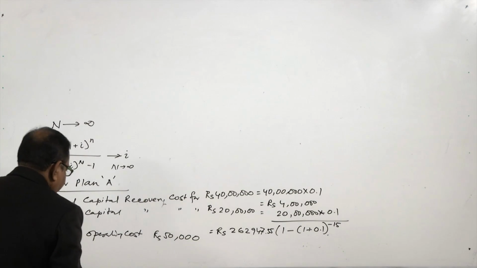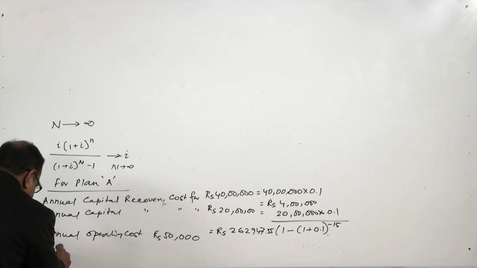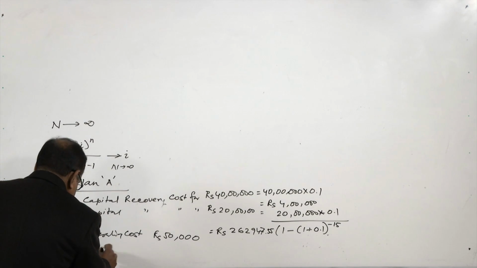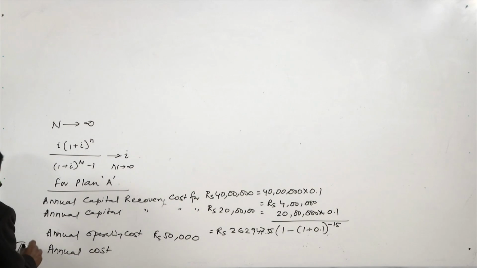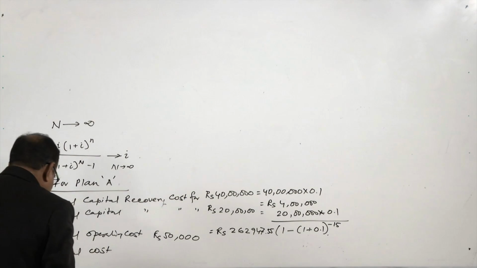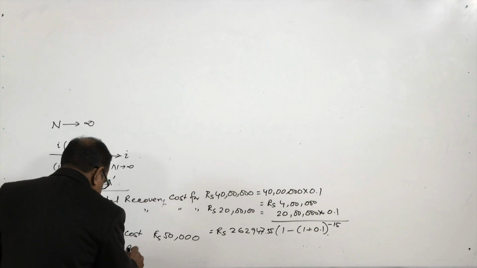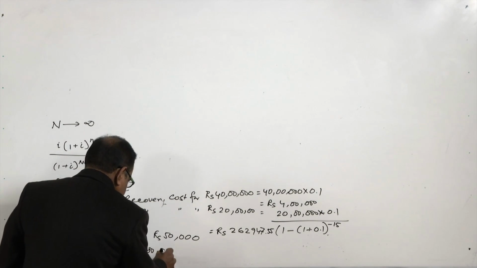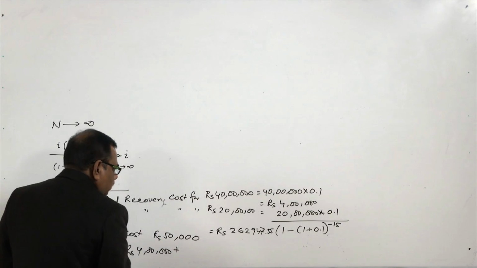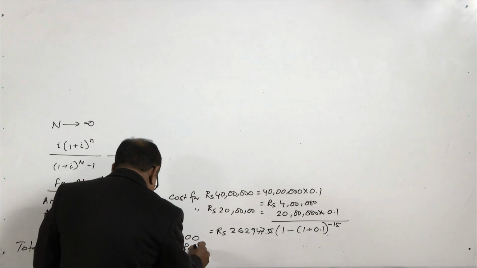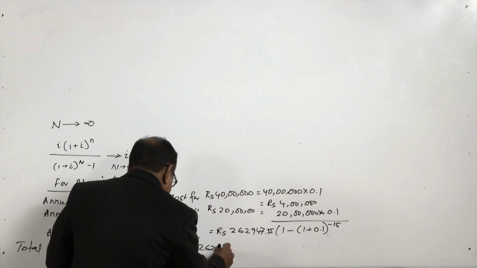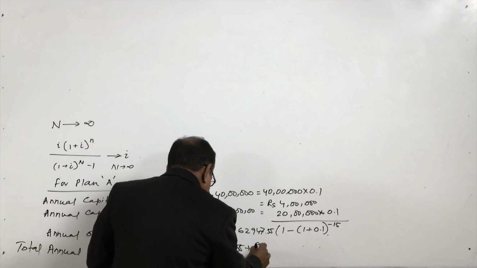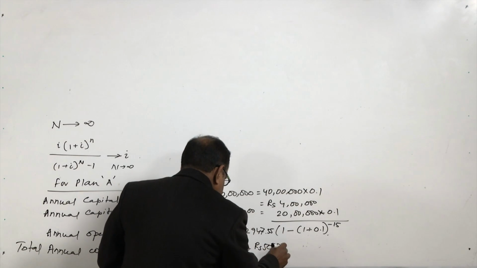To find out the total annual cost, we will add all these three, that is rupees 4 lakh plus rupees 262,947.55 plus rupees 50,000.